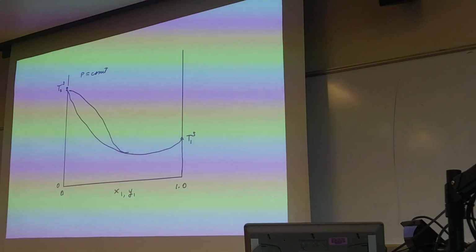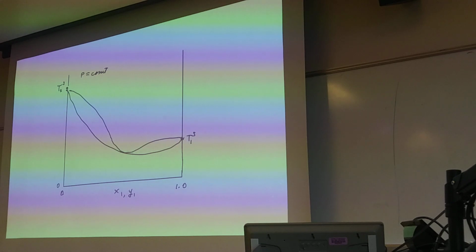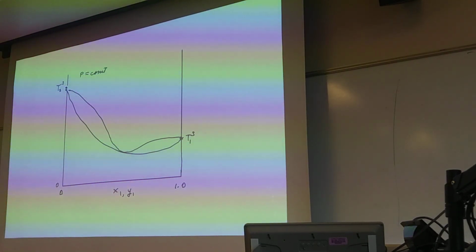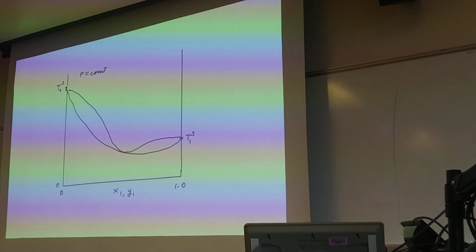So this would be the corresponding temperature composition diagram. So this is what it looks like for positive. This is a little off, but forgive me for that. You see the idea that occurs where it's at a minimum. And these are called minimum boiling azeotropes with positive deviations.